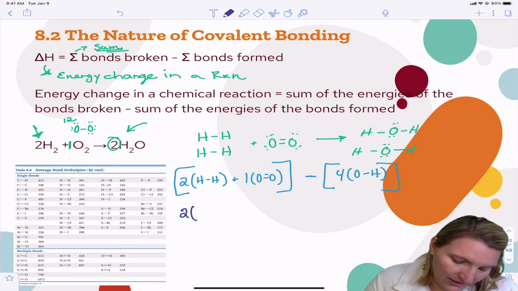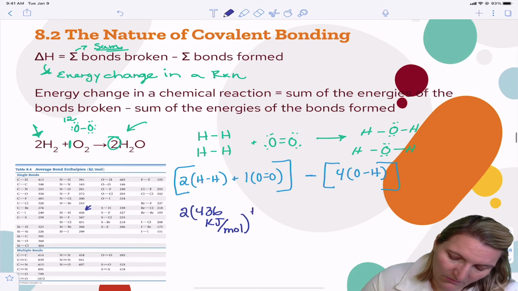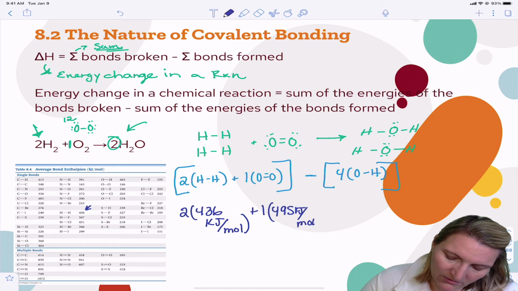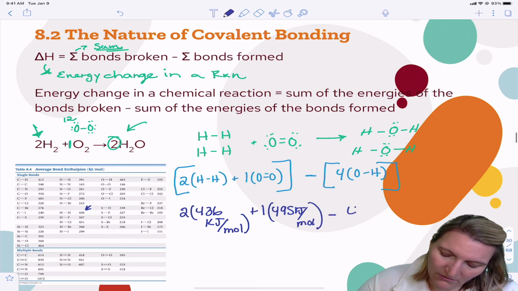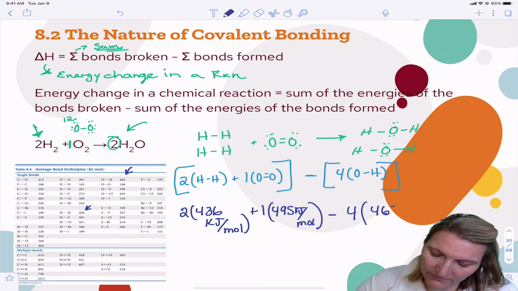Hydrogen is right here, 436, plus oxygen, and oxygen is 495 kilojoules per mole, minus 4 times oxygen and hydrogen is 463.